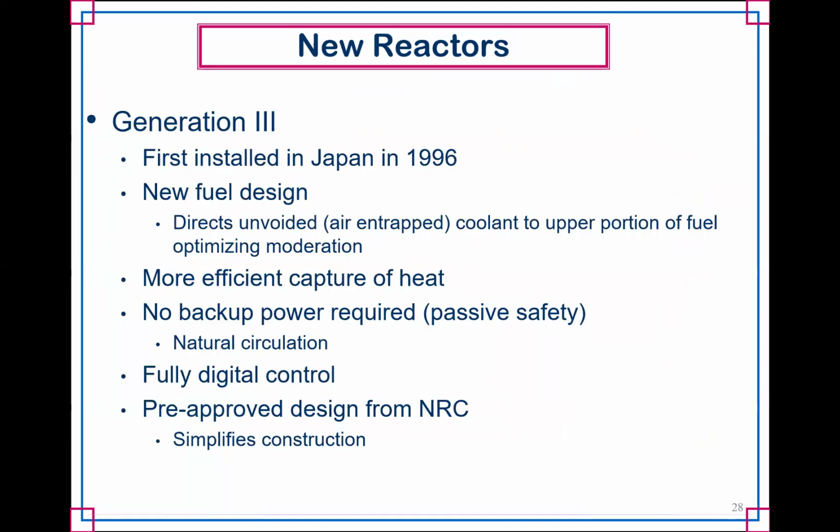So Generation 3 has been around for quite a few years, right? Over 30 plus years-ish, if you will. They've been built since 1996, and have a better fuel design, with an unvoided, air-entrapped coolant. So you can optimize the fuel moderation, meaning it's more efficient, which means you have more efficient capture of heat, which also means you might be able to make it work without any engineered safeguards requiring emergency on-site power.